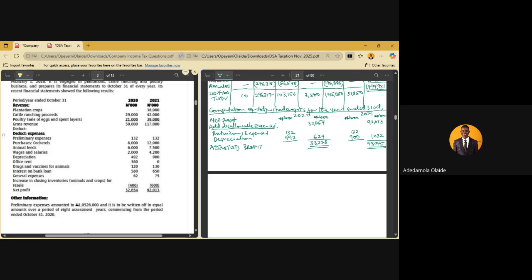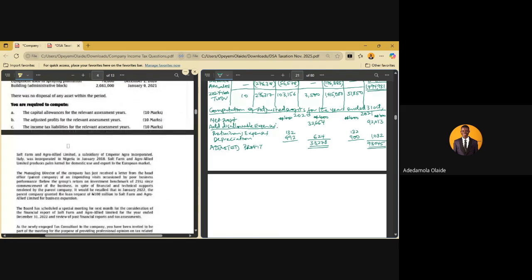So if that is it, then we can now proceed to the third requirement, which is to calculate the income tax liability. Let's use computation of income tax liability for relevant year of assessment.